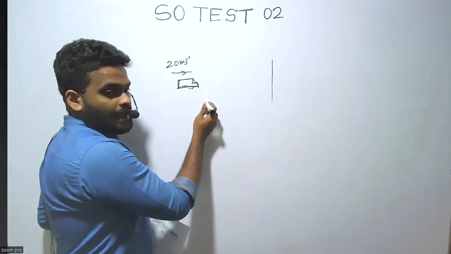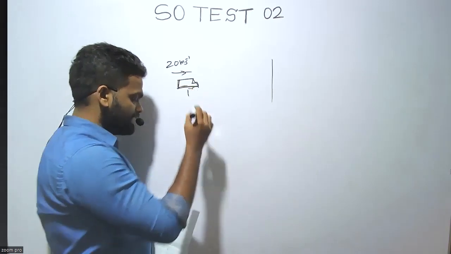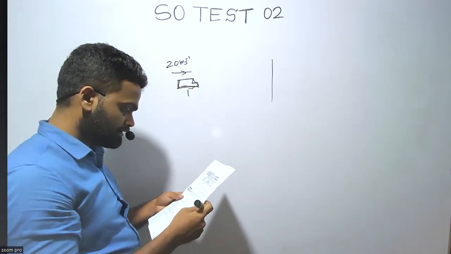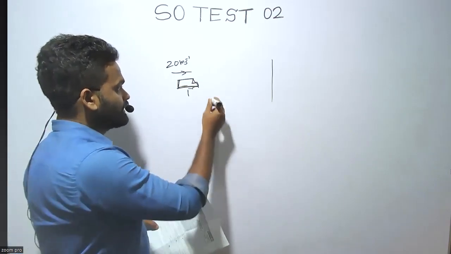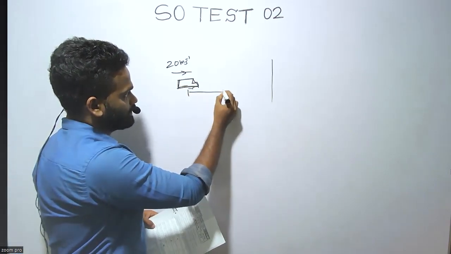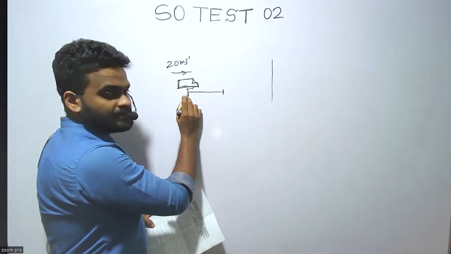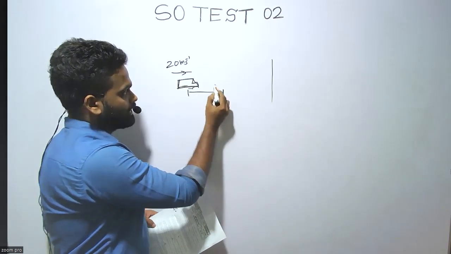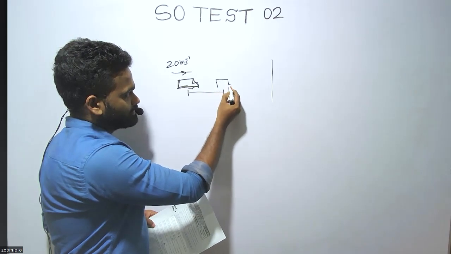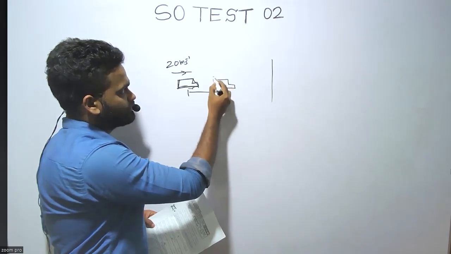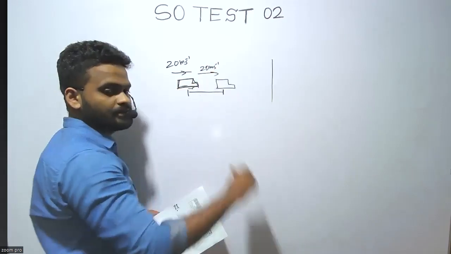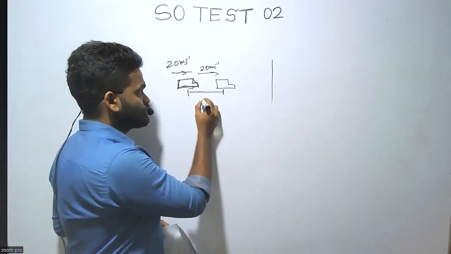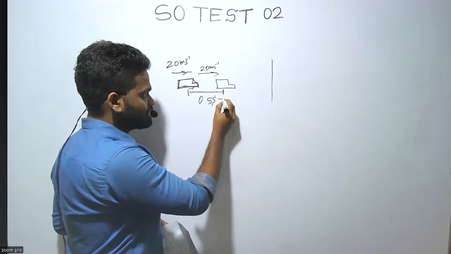While that is happening, they say it takes about 0.5 seconds, I think. Yeah, it takes 0.5 seconds. Here the brake is not applied. So what happens to the car? Still moving at 20 meters per second. So this range is what we call reaction time.